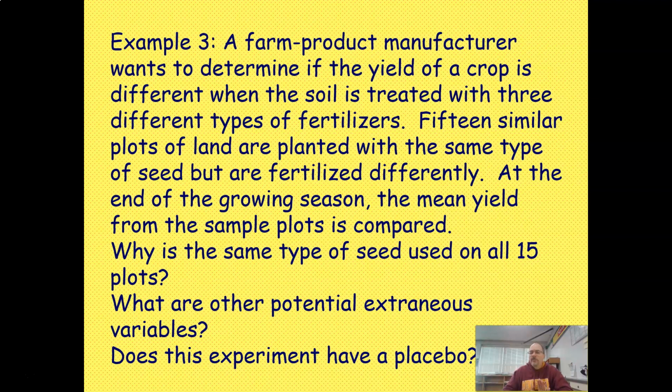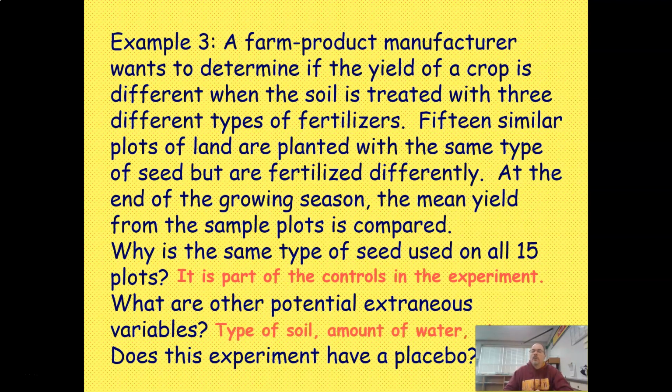Why is the same type of seed used on all 15 plots? It is part of the controls in the experiment. Okay, we use the same seed as a control. What are other potential extraneous variables? Well, the type of soil, okay, the soil might be a little bit different in one spot than another spot.